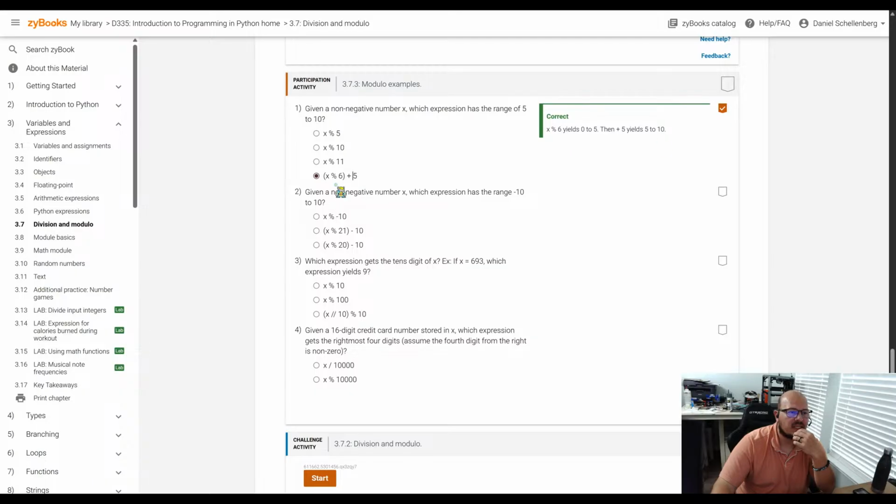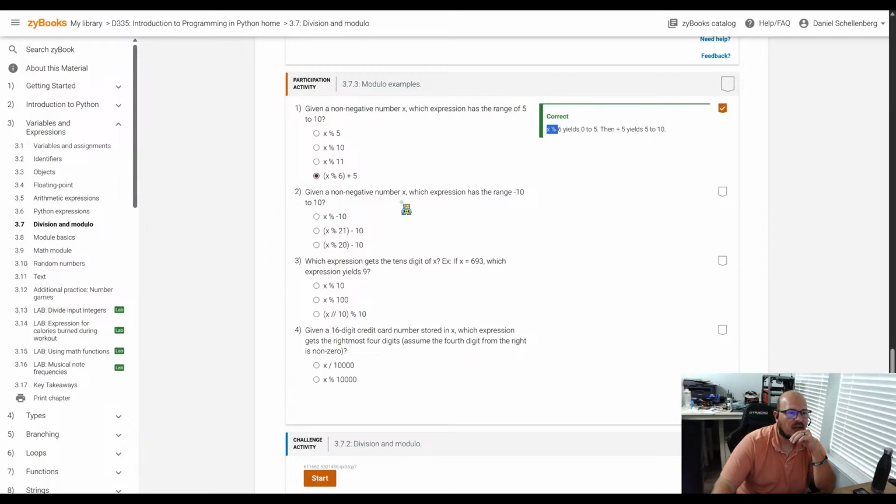Oh, is it saying that 0 to 5... No, I guess I don't understand that part. I don't think I understand this question or how this answer works. So x modulo 6 yields 0 to 5. What does that mean, yields 0 to 5? Is it saying that this number could be anywhere from 0 to 5, right before 6? Is that what it's saying?